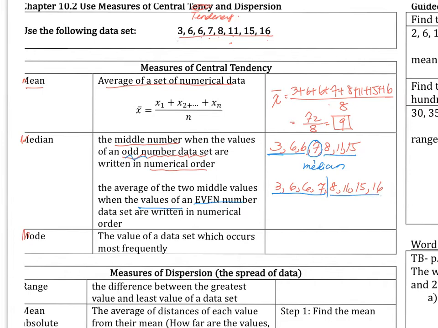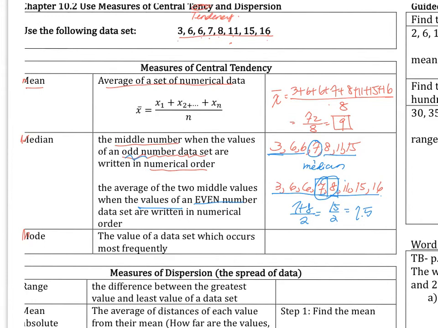That's what I mean. Okay, and then I need to take the middle 2 values, add them together, and divide by 2 to get 7.5, which is the average of the 2 values in the middle. And this will be your median.